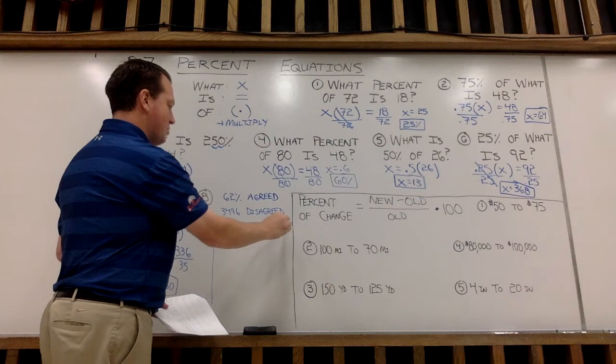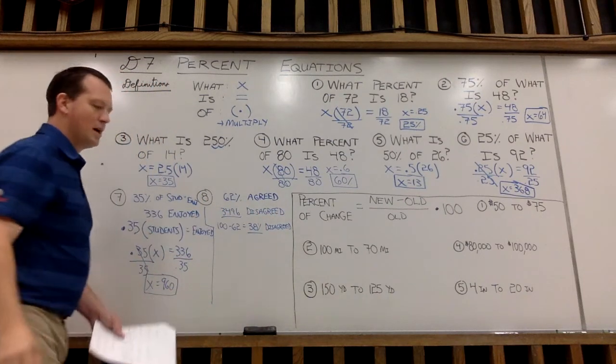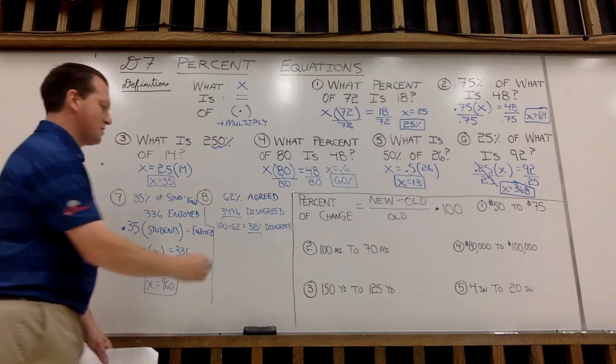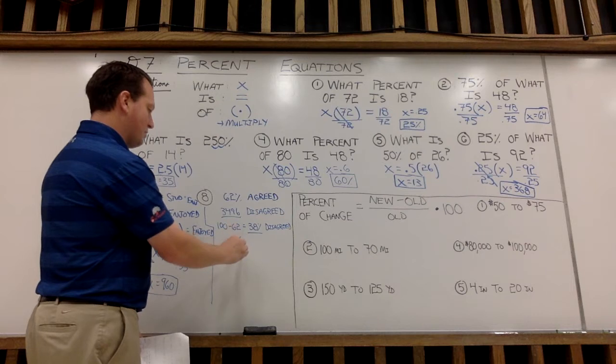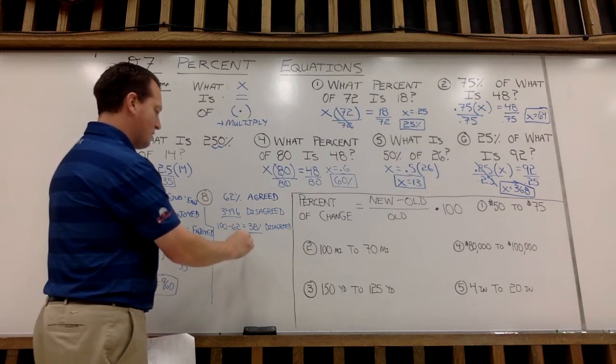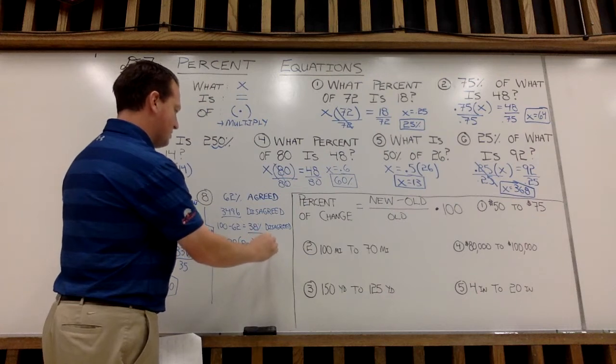Since I now know the percent and quantity that disagreed with the law, I can find the total number of residents. So I'm going to say 0.38, 38% of the residents, equaled the number that disagreed.